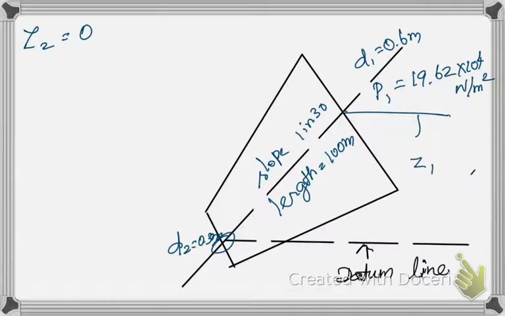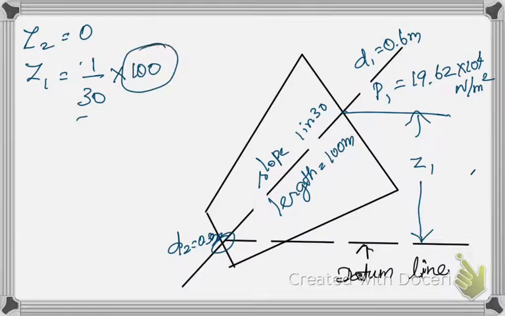To determine Z1, they have given the slope value, so Z1 is equal to the slope of 1 by 30 for the length of 100 meter. So for 30 meter there is a rise of 1 meter. Then what is the rise for 100 meter? Like this, if we find, my Z1 will be equal to 10 by 3 meter.